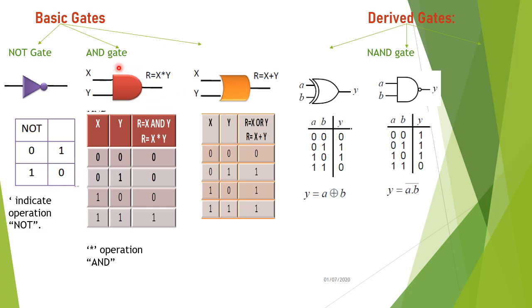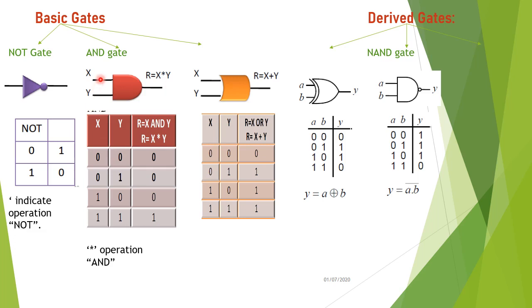Now we will go towards the AND gate. The AND gate is indicated in a Boolean expression with the asterisk sign. The Boolean expression related to the AND gate is read as R equals X ANDed with Y. Now we will move towards the truth table of this AND gate.